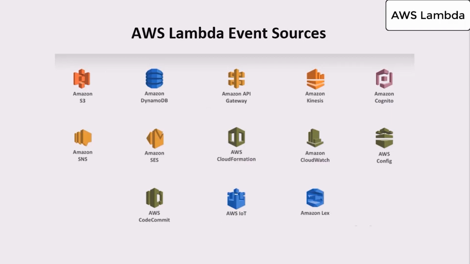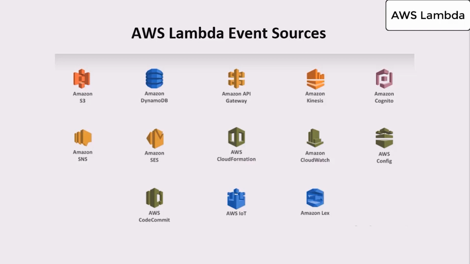If we talk about the event sources in Lambda, we have event sources like Amazon S3, DynamoDB, API Gateway, Kinesis, Cognito, SNS, SES. A lot of these sources can be considered as event sources.